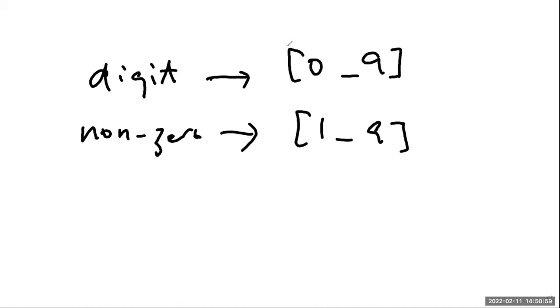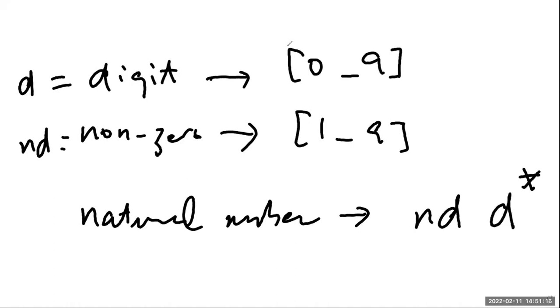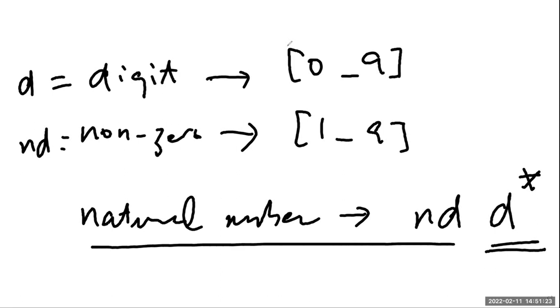So let's use D for digit and ND for non-zero digit. Your natural number will be 1 non-zero digit plus 0 or more digits. This one we call the regular grammar.